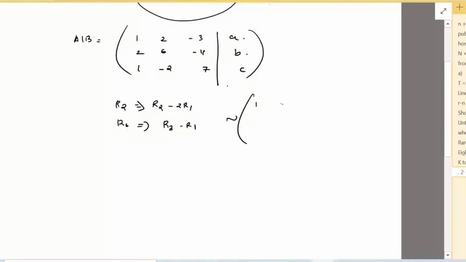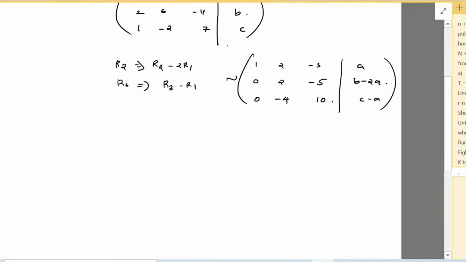So this becomes 1, 2, minus 3, a; 0, 2, minus 5, b minus 2a; and the third row will be 0, minus 4, 10, c minus a.